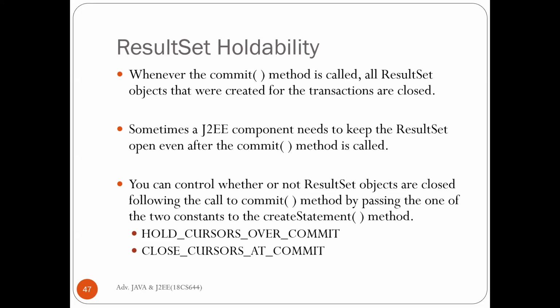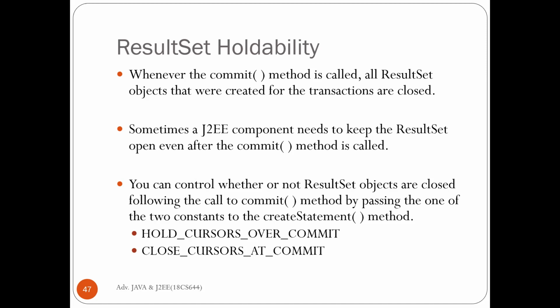The result set is nothing but the data that is returned by the database when certain queries are executed. Once we call the commit, the result set of that particular transaction will be closed.